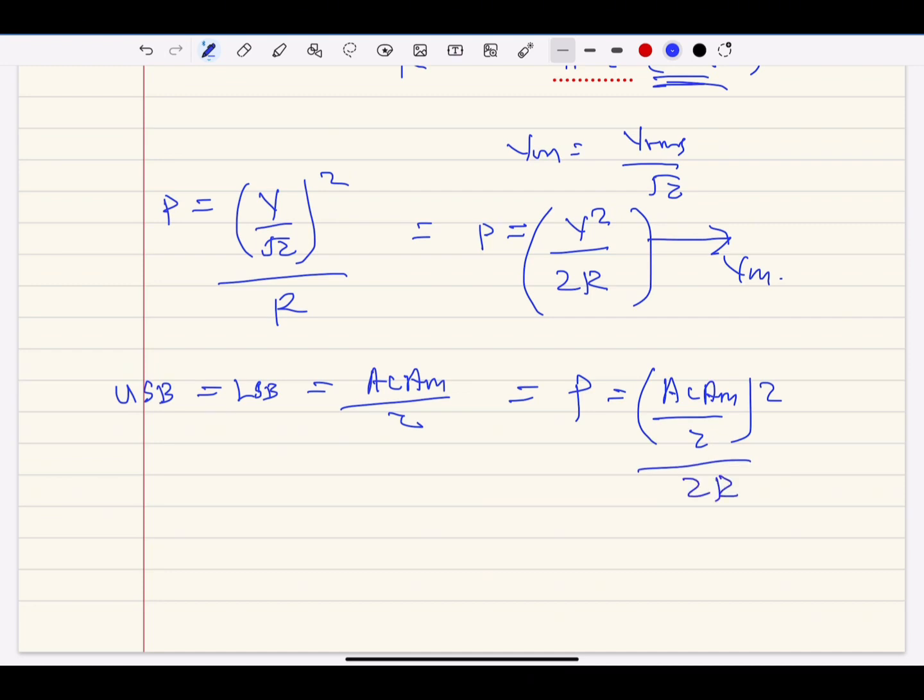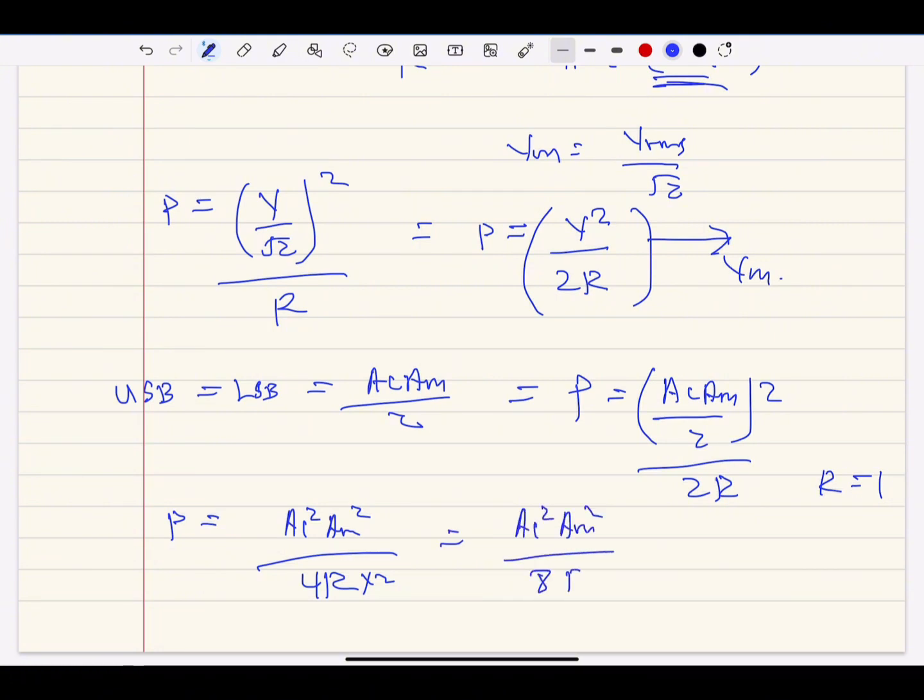When your R, the resistance, is not given, you take R to be equal to 1 during your calculations. When we simplify this, the power is equal to Ac squared Am squared over 4 times 2R, which gives Ac squared Am squared over 8R.